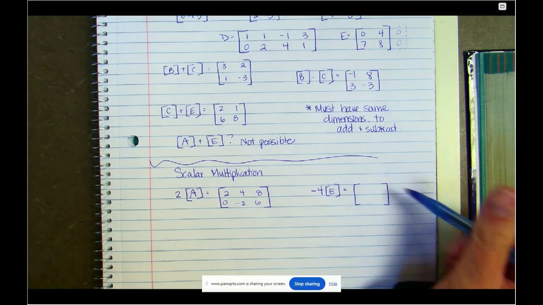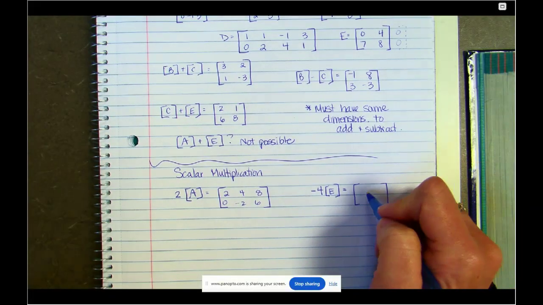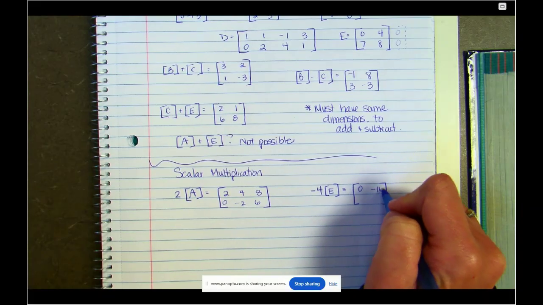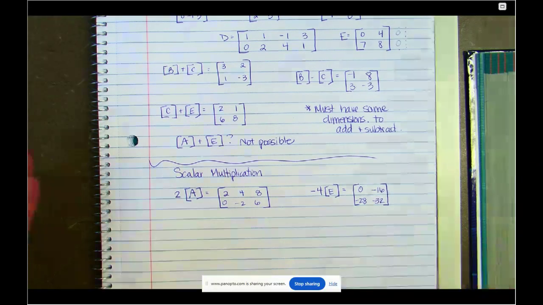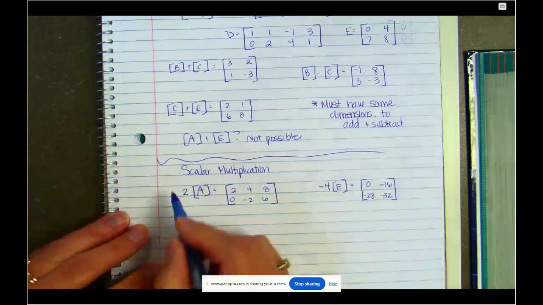Okay, what do you get for negative 4e? Okay, you guys have questions on scalar multiplication? Super easy, also logical. So there's that one.